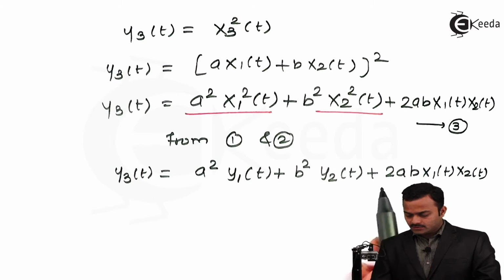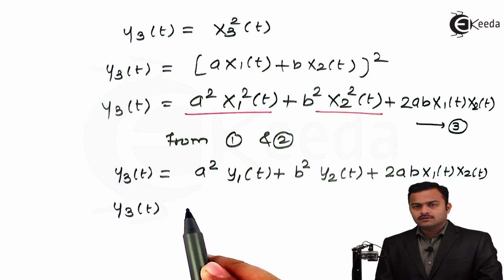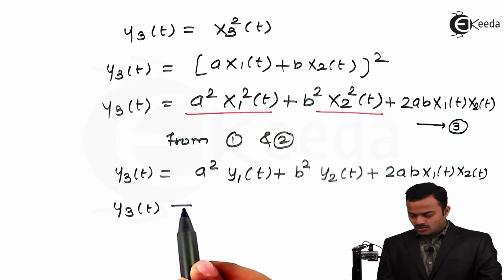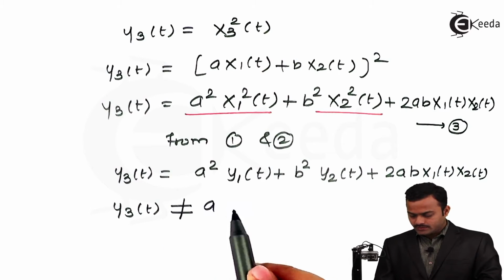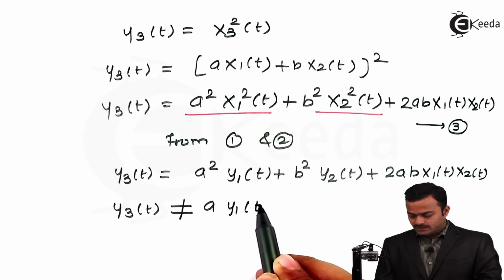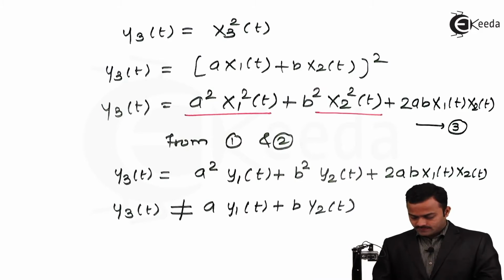Meaning the output I get from the system by passing a linear combination of inputs is not equal to the linear combination of outputs, that is, it is not equal to a y1t plus b y2t.